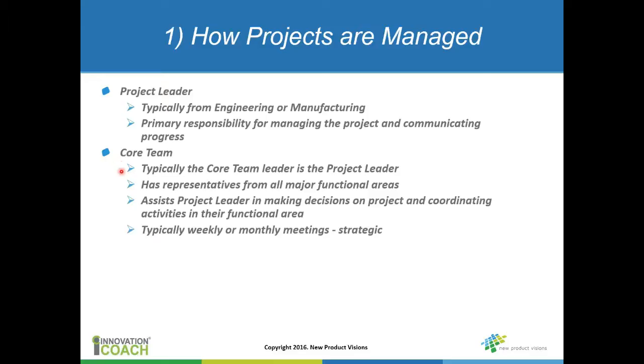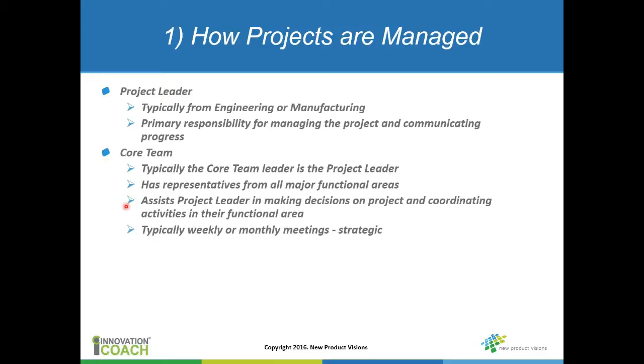Within PhaseGate, I think it's important to have this concept of the core team. The core team leader usually is the same project leader. It doesn't have to be. The core team will have representatives from all the major functional areas, for instance, engineering and manufacturing and maybe marketing or sales, the product manager and so forth.